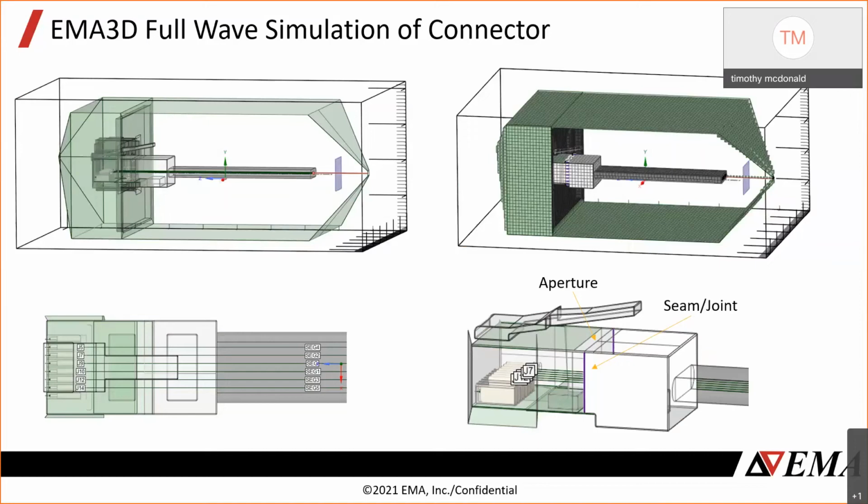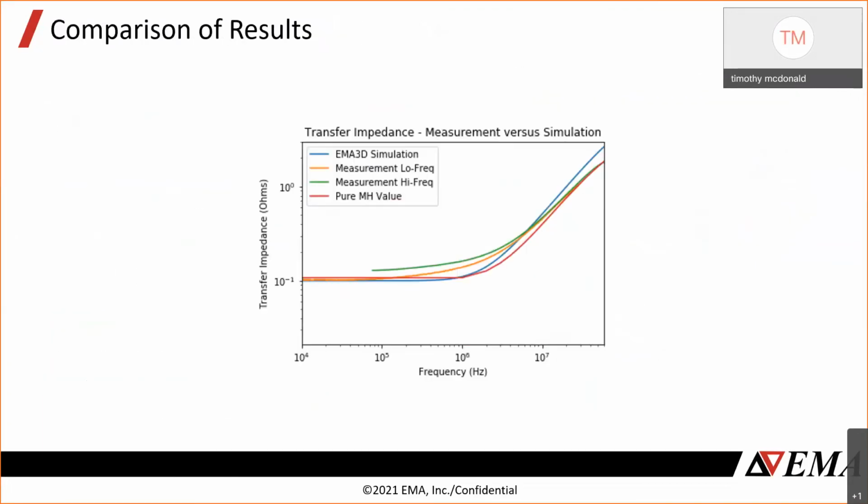Okay, next question is from Tapesh. Can the software be used to assess shielding effectiveness of cables and connectors? Absolutely. So in this case, I don't show it, but instead of looking at transfer impedance, we could have done this as shielding effectiveness.